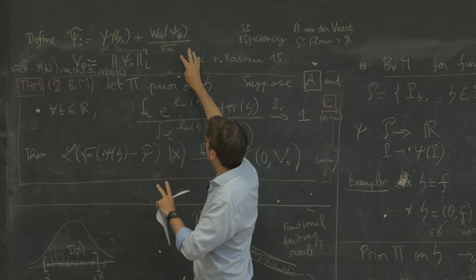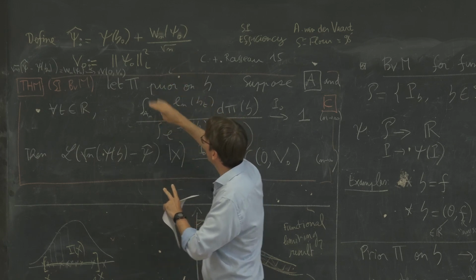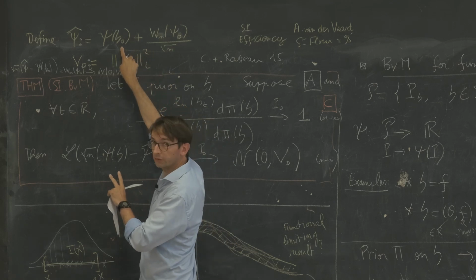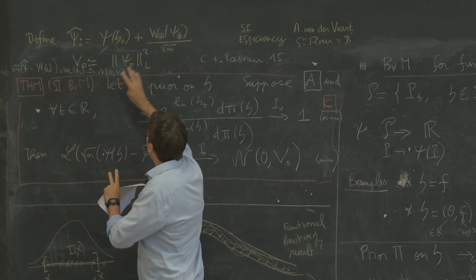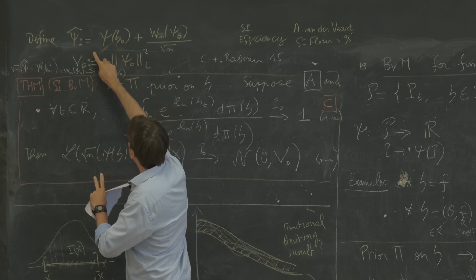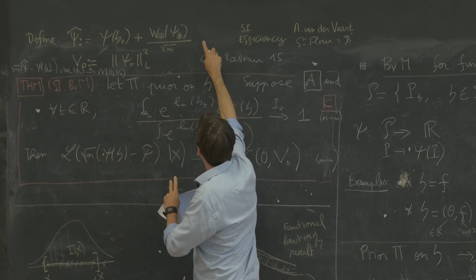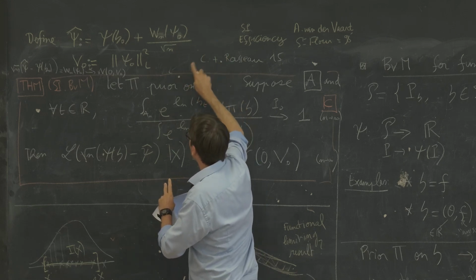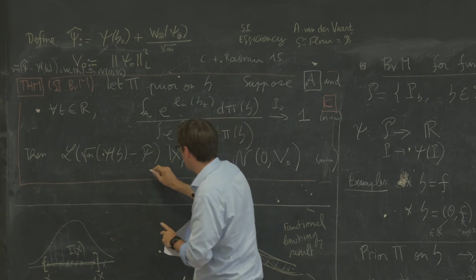This is not an estimator because it depends on eta naught, but any estimator which will be optimal, efficient, will have this type of expansion with a little o_P(1), in fact little o_P of 1 over square root n. So you will be able to replace this by this in this result.